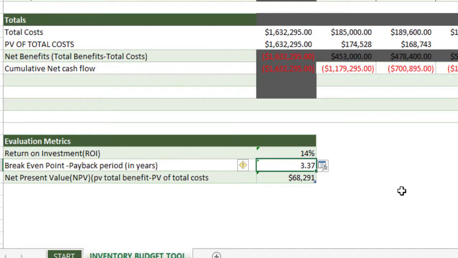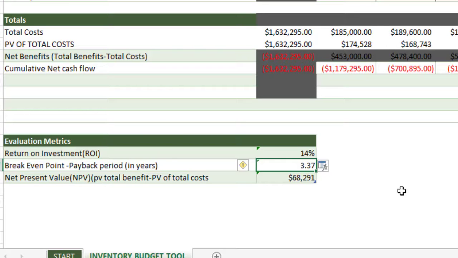It means that this project will break even in 3.37 years. So the shorter the period, the more favorable a project should be considered, because it means that it's going to break even within a shorter period of time.